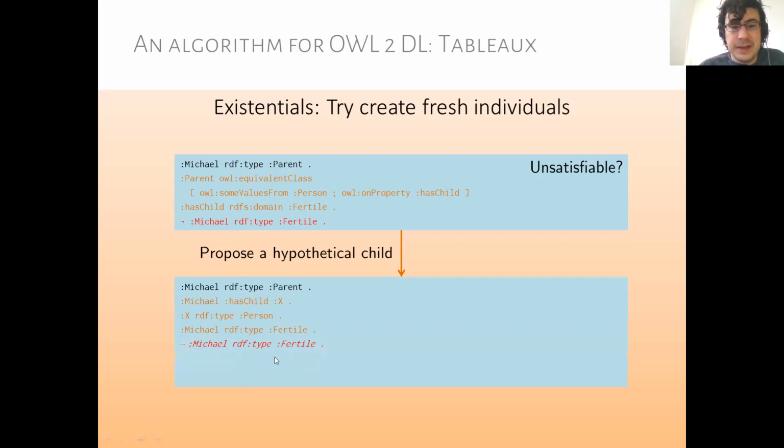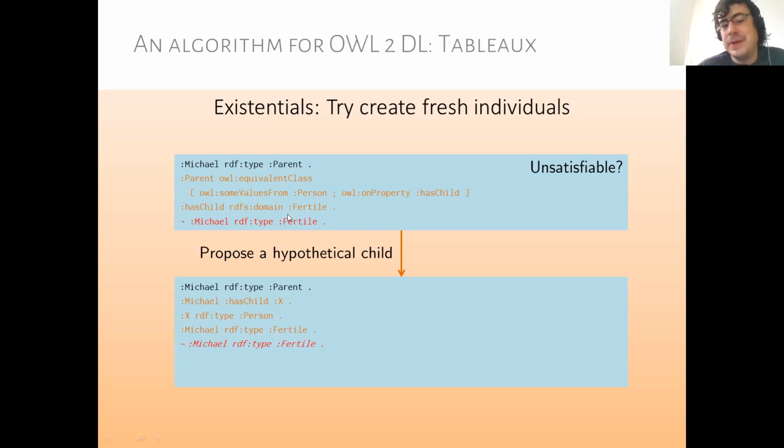inconsistent or not. And we see that it is, because when we say that Michael has a child X, then we say X is of type person, according to the definition here. And then we say has child domain fertile. And since Michael has child X, it means Michael type fertile. And this contradicts with the negated form of the entailment, right?